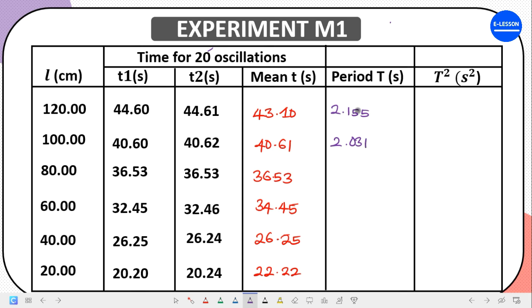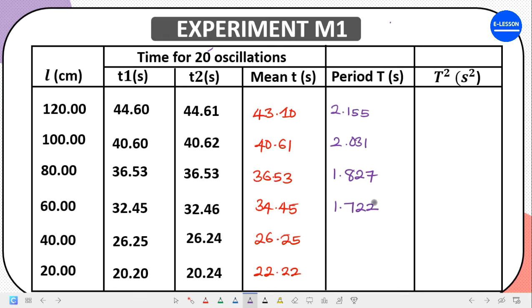And then the next one is 36.53 divided by 20, which will give us 1.827. And then we have 34.45 divided by 20, and then you have 1.722.